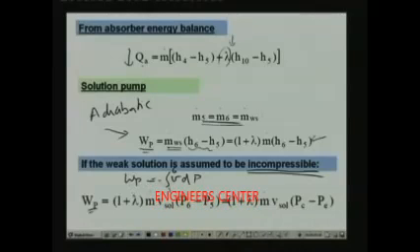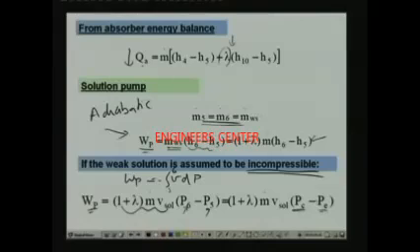So work input is integral VdP. So if V is constant here, you can write this as the mass flow rate into V into P6 minus P5. Okay, where P6 is the exit pressure, P5 is the inlet pressure. Okay, and P6 and P5 are known to us because P6 and P5 are nothing but condenser and evaporator pressures.